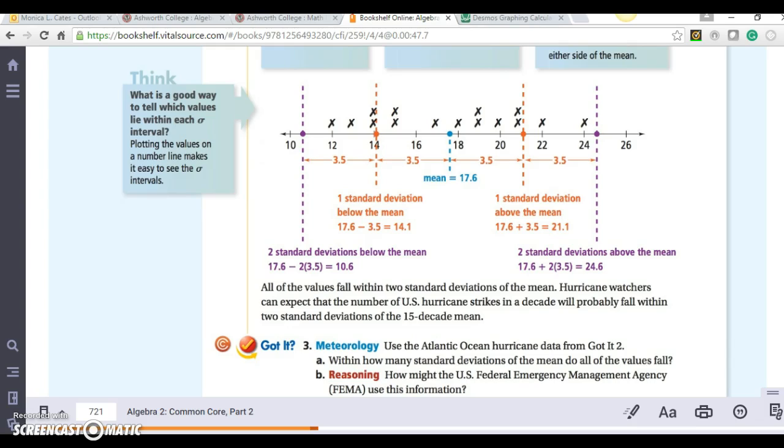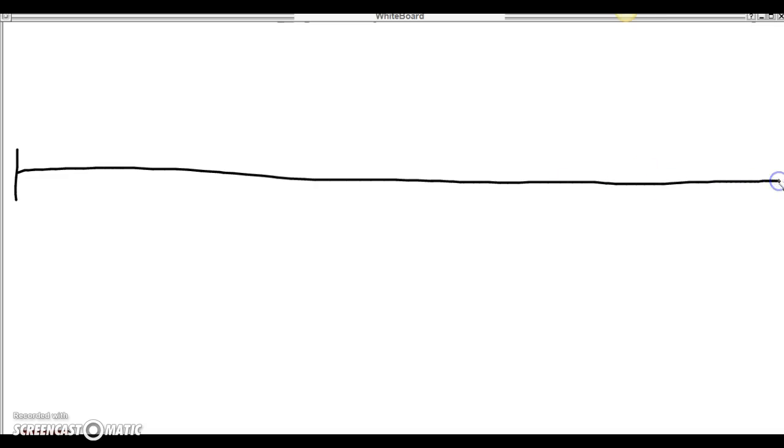Alright, so let's do it on our own now. It says use the Atlantic Ocean hurricane data from guided 2. Within how many standard deviations of the mean do all the values fall? So let's plot that data. I'm going to put it on my whiteboard here, and I'm going to try to make sure I have enough space.